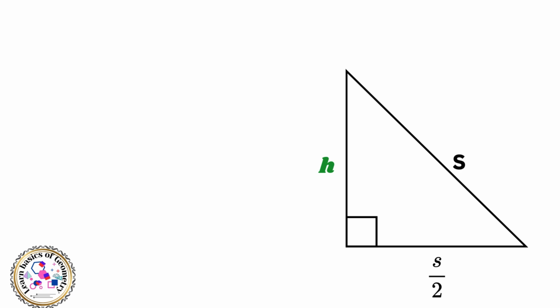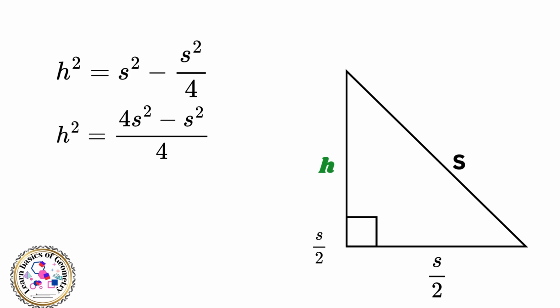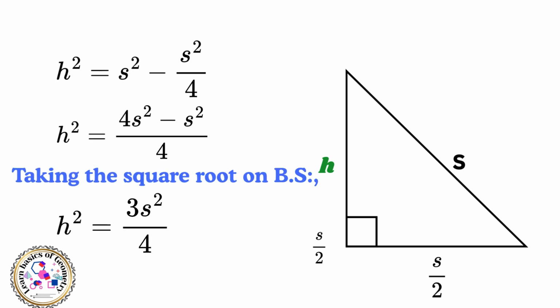Next, subtract S squared over 4 from both sides. On the left-hand side, we are left with H squared. On the right-hand side, S squared minus 1/4 S squared is 3/4 S squared. Now, to get H by itself, we take the square root of both sides.